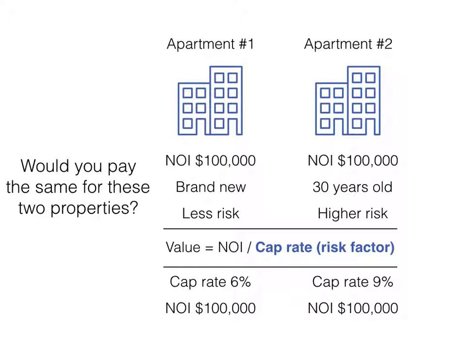So if we had a net operating income of $100,000 in both instances, the new property would be worth $1.67 million, and the older property would be worth $1.1 million. Again, you can buy the older property for less money and make the same return because you're taking on more risk, is the basic premise.